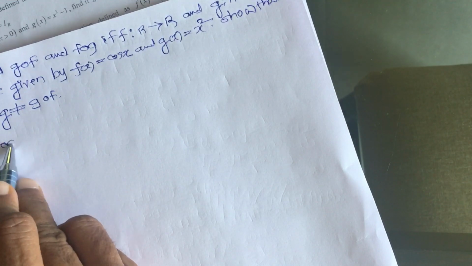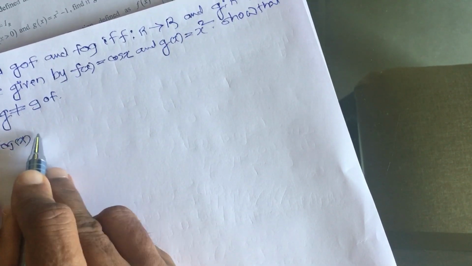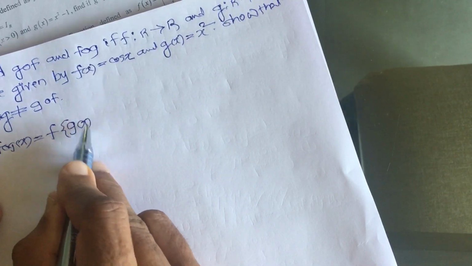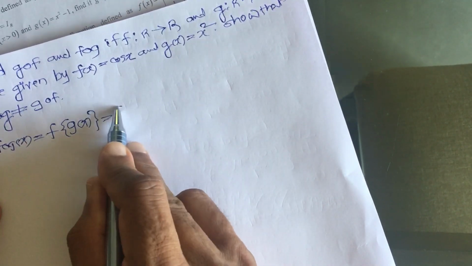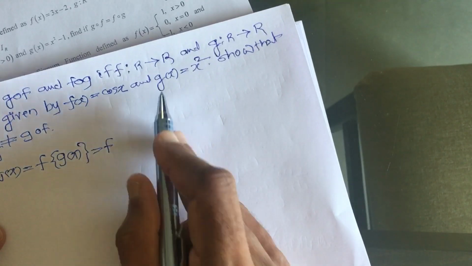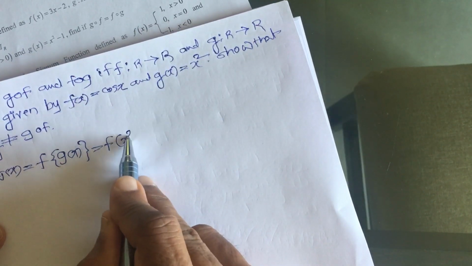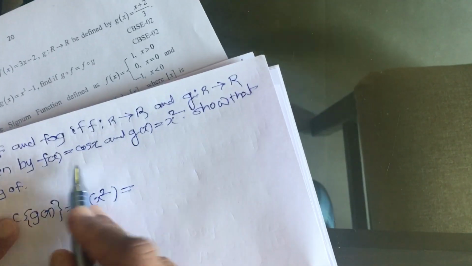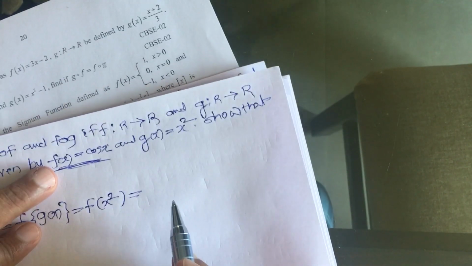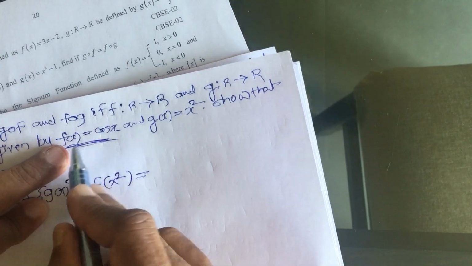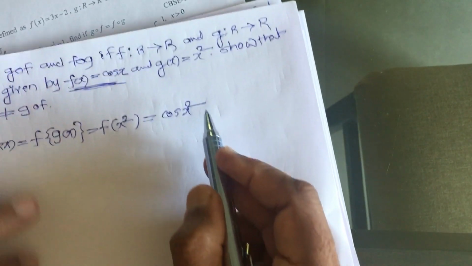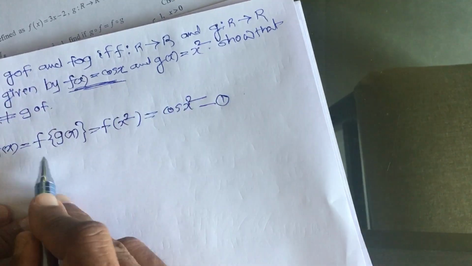First, I take f composite g of x, which is f of g of x, and g of x is x square, and f of x square means we put x equal to x square, so we get cos of x square. This I take as 1.